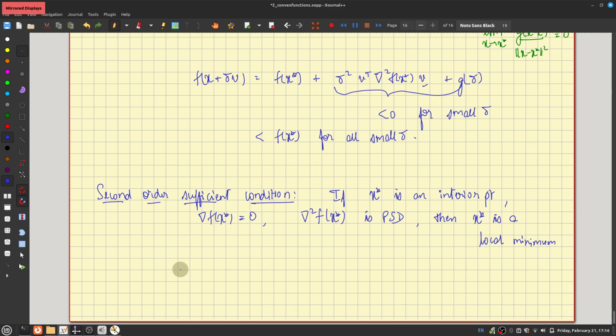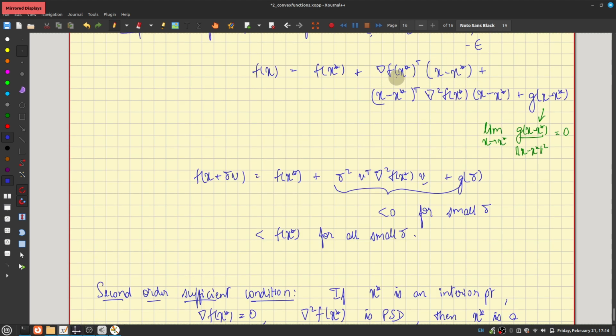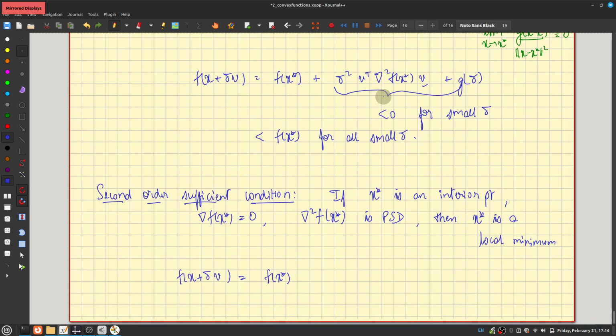So you can write f of x plus delta times v to be equal to f of x star plus the gradient, which we are given is equal to 0, plus delta square times v transpose Hessian v, which is positive semi-definite, that's what we're told, plus g of delta, where this g of delta decays much faster than delta square.